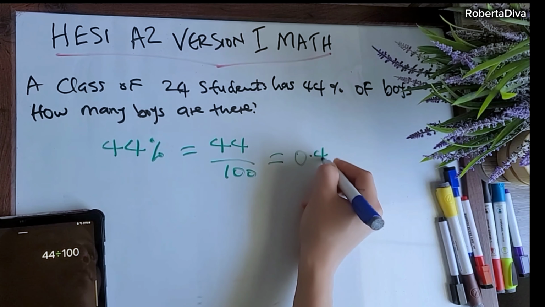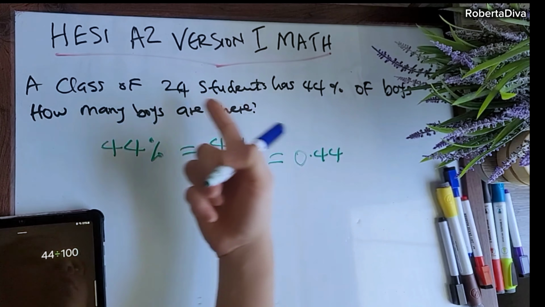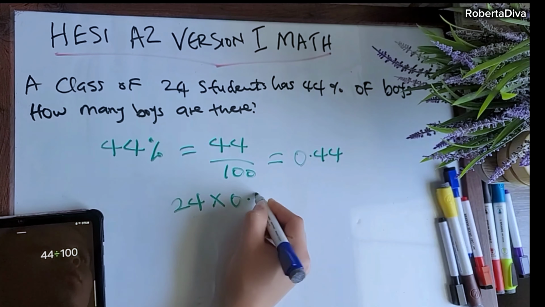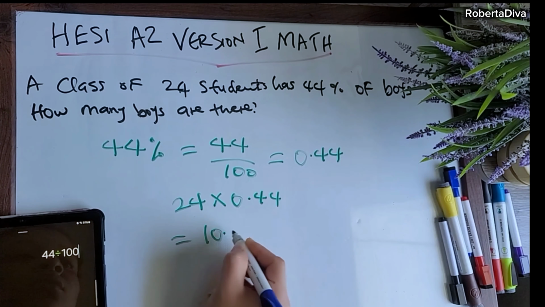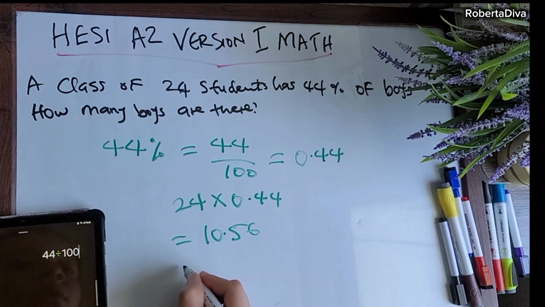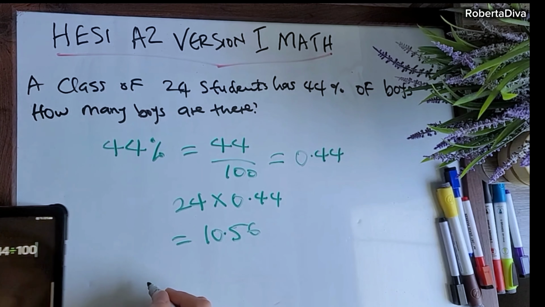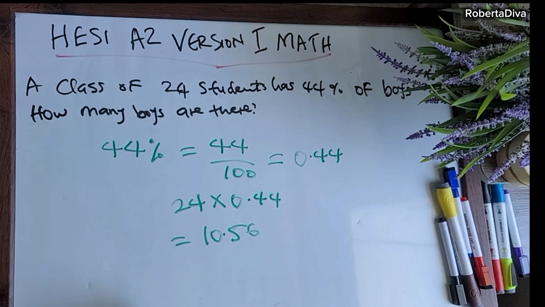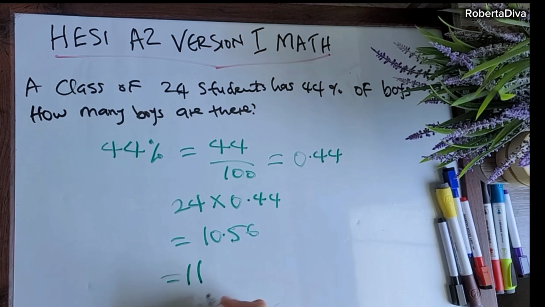You just have to multiply 24 with 0.44, which will still give you the same answer, 10.56. Sorry, 10.56. Okay, so the answer is supposed to be in a whole number, right?